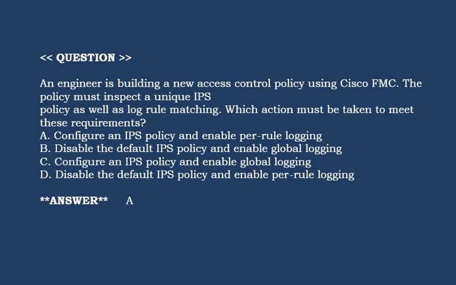Option B. Disable the default IPS policy and enable global logging. Option C. Configure an IPS policy and enable global logging. Option D. Disable the default IPS policy and enable per rule logging. Correct answer is option A.